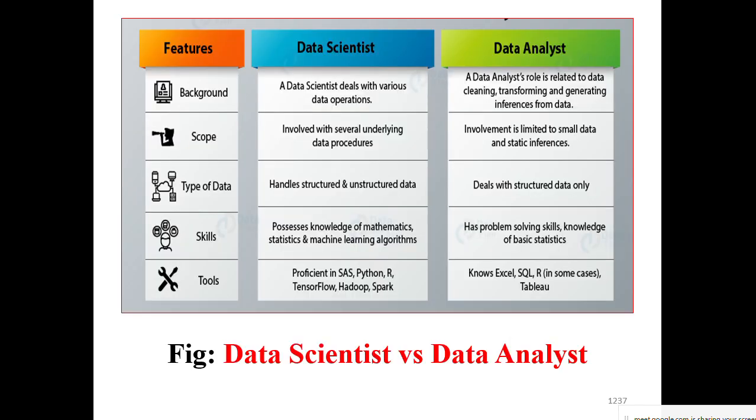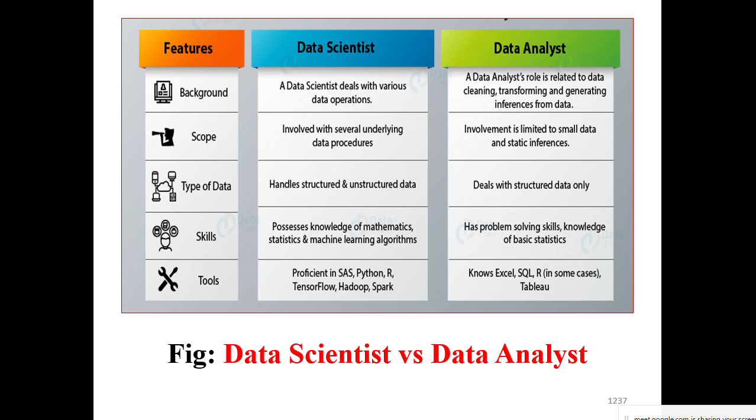Then we have data scientist versus data analyst. The features like background: what is the background for a data scientist? A data scientist deals with various data operations, whereas a data analyst role is related to data cleaning, data transforming, and generating inferences from data. What about scope as a feature?